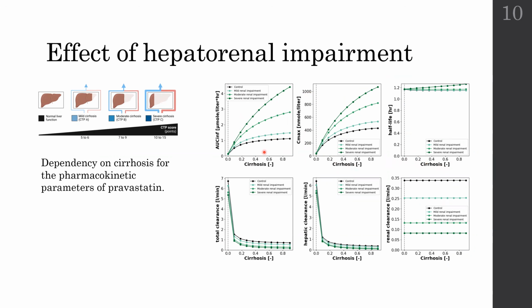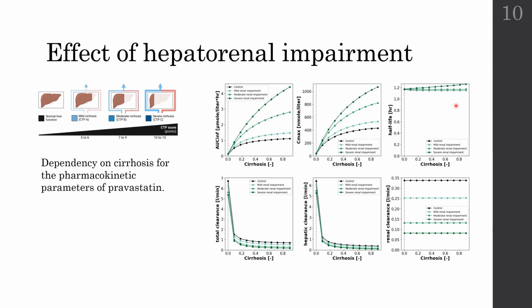The green lines represent the additional effect of renal impairment, ranging from control, which is represented here in black, and from mild to severe in the shades of green. We can see that AUC and Cmax show a large dependency on the severity of cirrhosis, as well as the severity of renal impairment, meaning that the worse the renal impairment and the cirrhosis are, the greater the AUC and the Cmax will be.